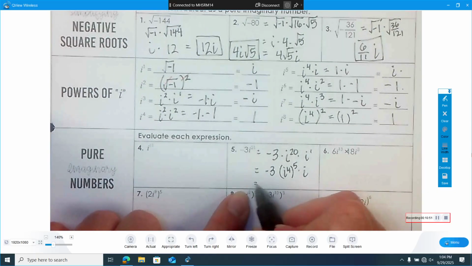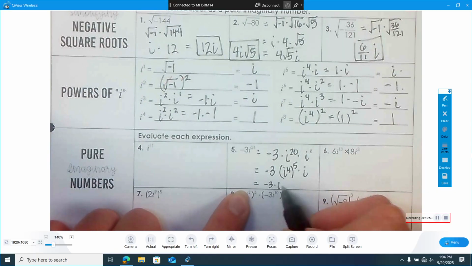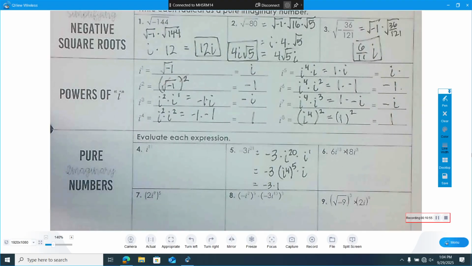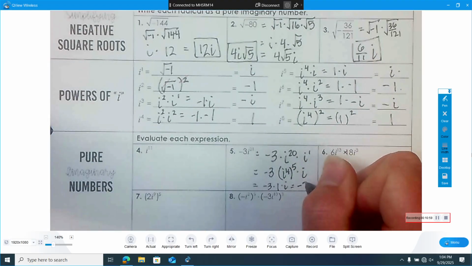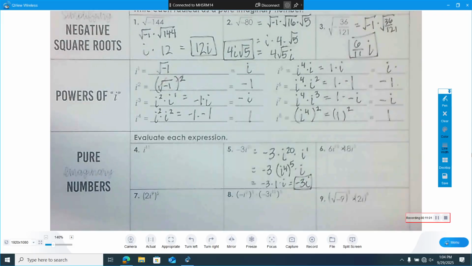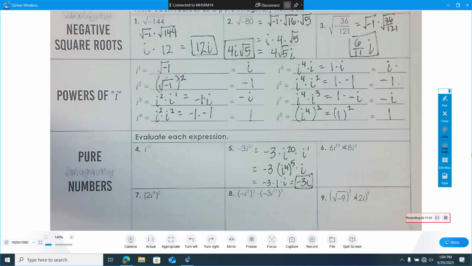And so, of course, that's negative 3 times 1 to the 5th, which is 1, times i. So we get negative 3i. And what was even the point of putting that 21 up there? So that we learn to simplify. Yeah, that was the point, so that we learn how to clean these up.